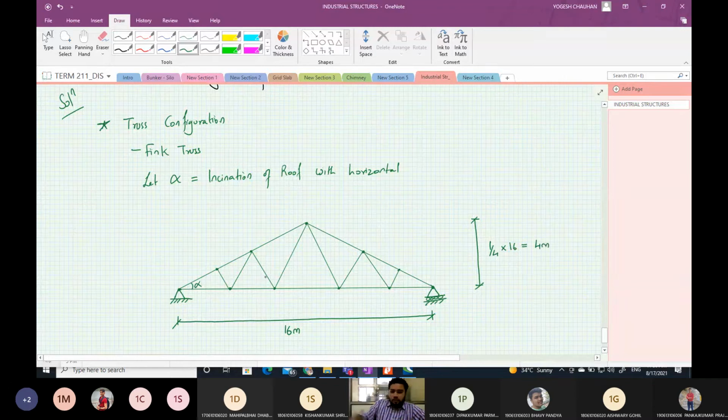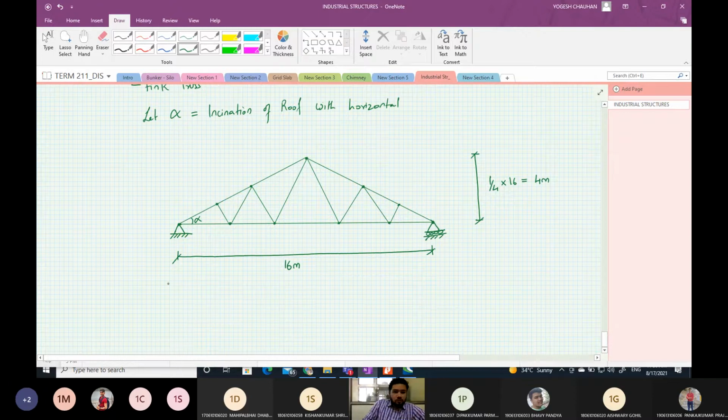So this alpha will be such that tan alpha is equal to 4 by 16 by 2.